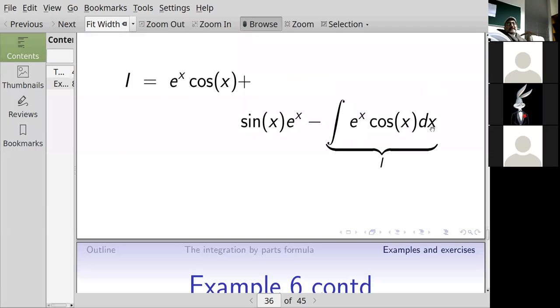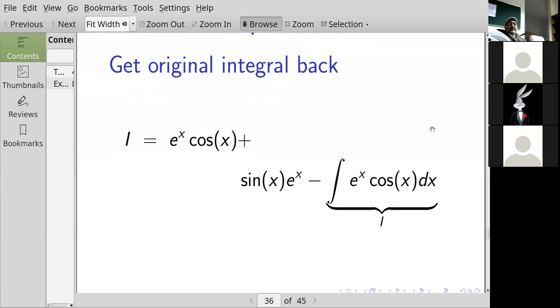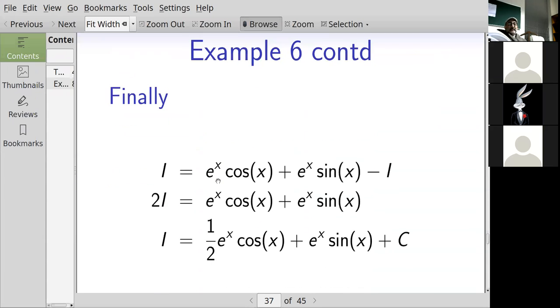Now, it kind of looks like I'm going in circles, but actually my life is better now because I've recovered the original integral. I've got I is equal to e to the x cos of x plus sine of x e to the x minus the original integral, which I was calling I. So I can bring this I on the right-hand side over to the left-hand side where the other I is.